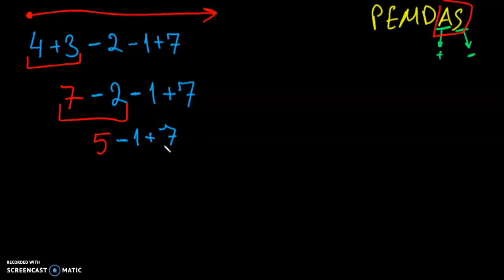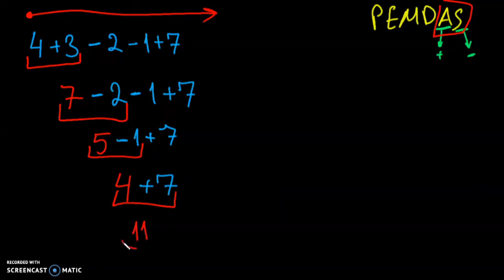Now you take the first two numbers. 5 minus 1 is 4. You copy the rest. Now you're left with simple addition. 7 plus 4, which is 11. And that's the answer.